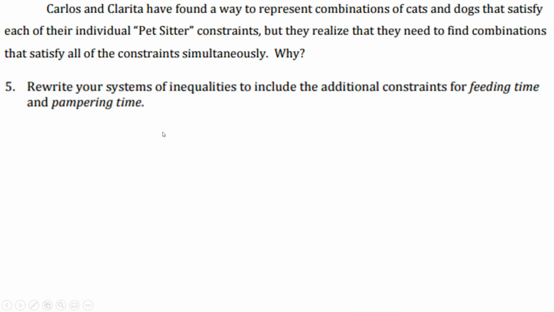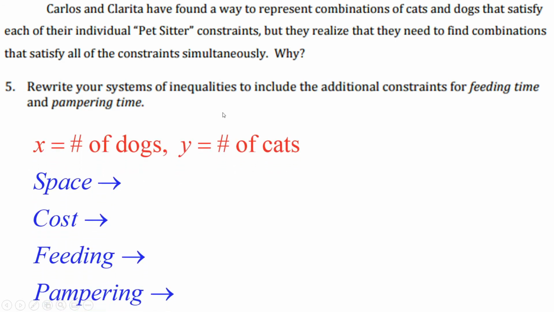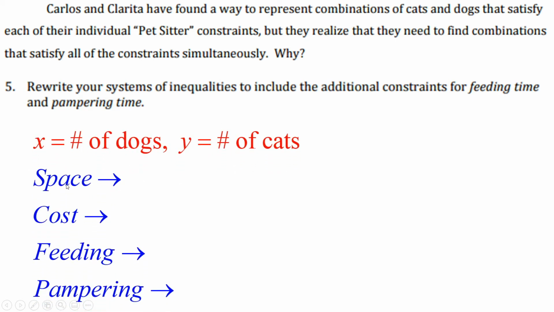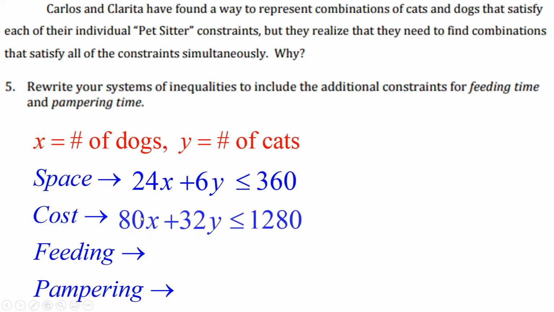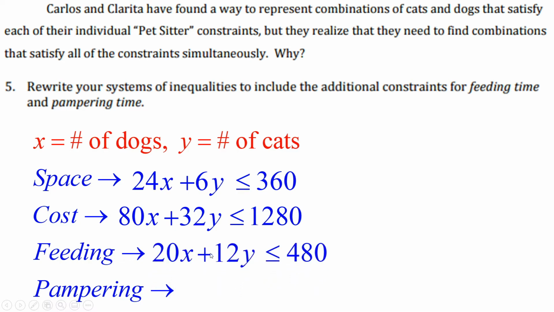Okay, 5. Rewrite your systems of inequalities to include the additional constraints for feeding time and pampering time. So let's do them all right here. And remember our space constraint, 24x plus 6y is less than or equal to 360. Our cost constraint, 80x plus 32y is less than or equal to 1,280. Our feeding time constraint, 20x plus 12y is less than or equal to 480.